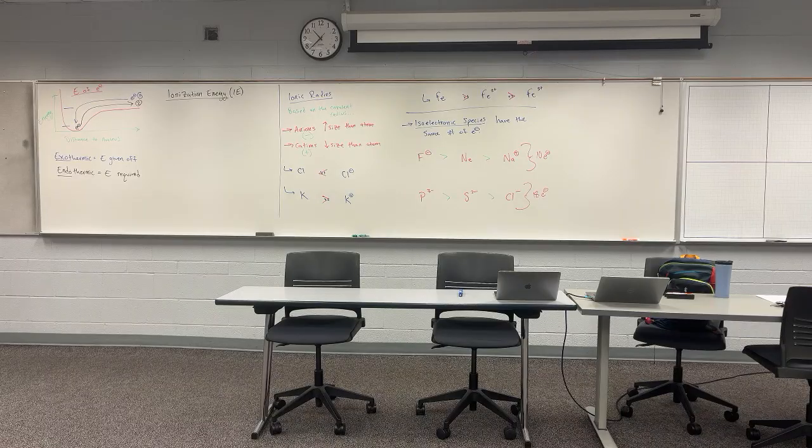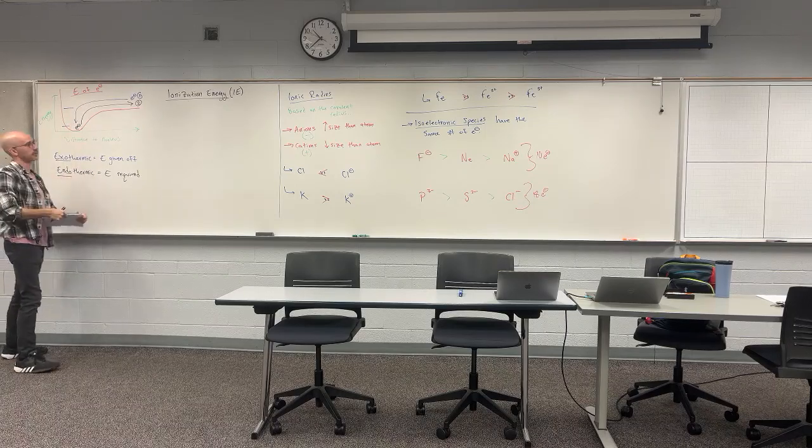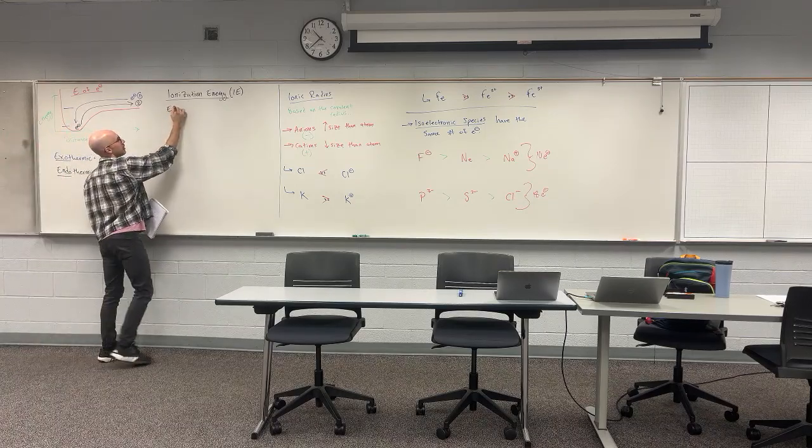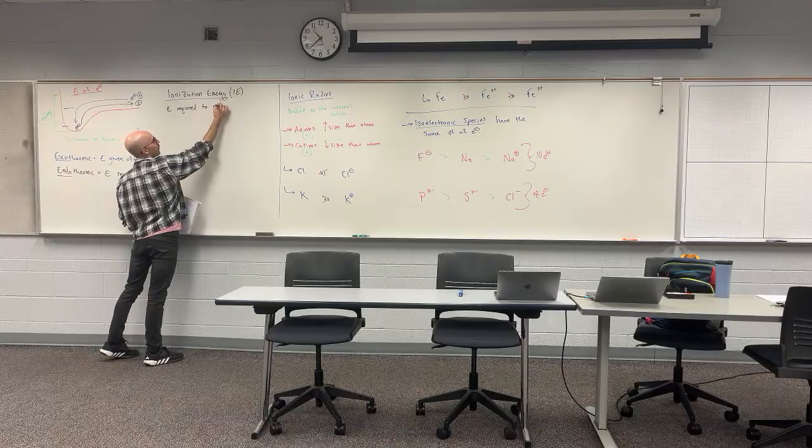Is this energy required or energy given off by the removal of an electron? That's right. We're looking at the removal of an electron. So this is energy required to remove an electron.